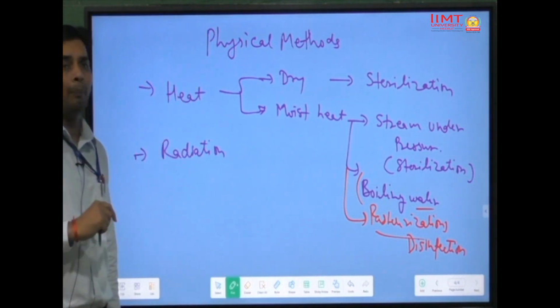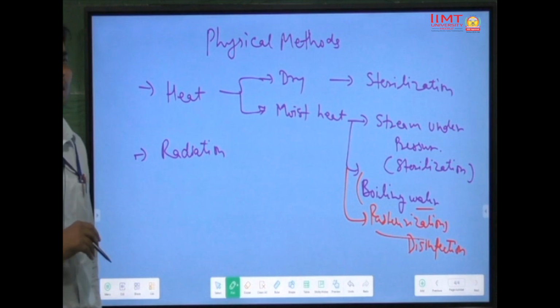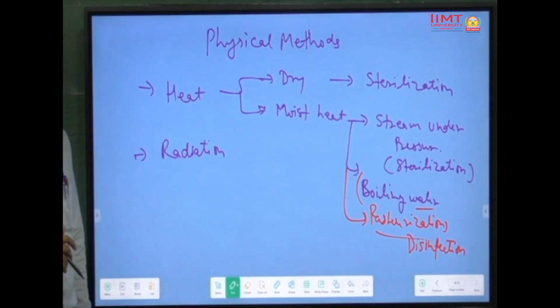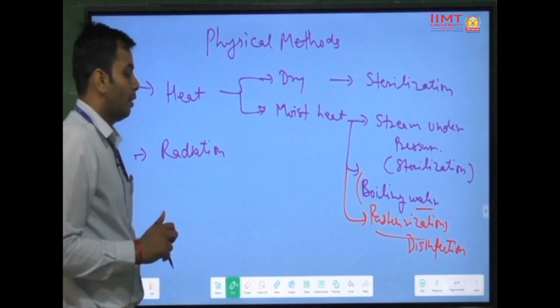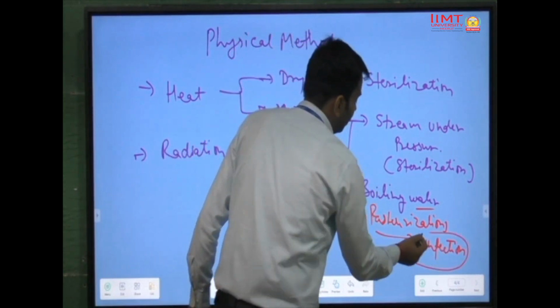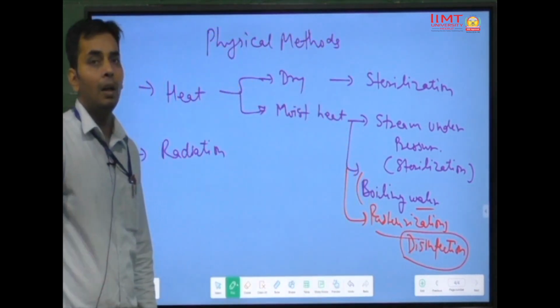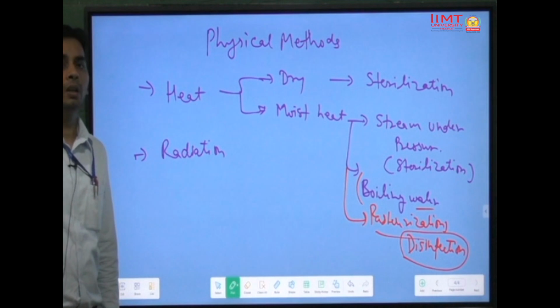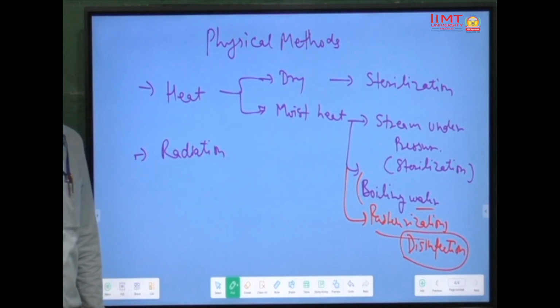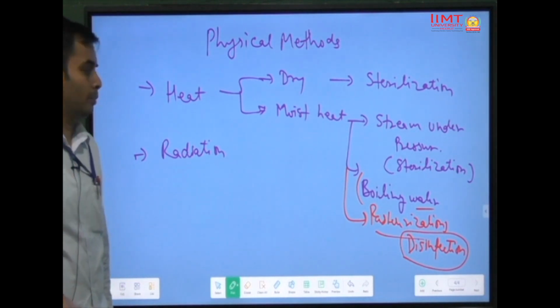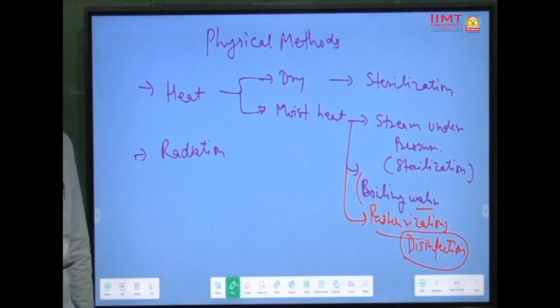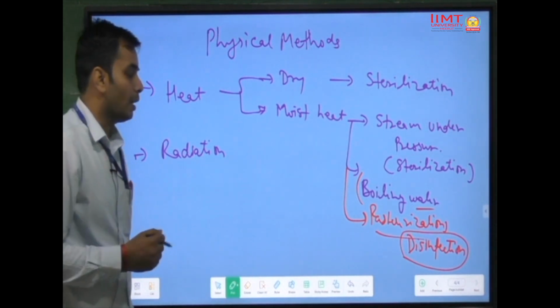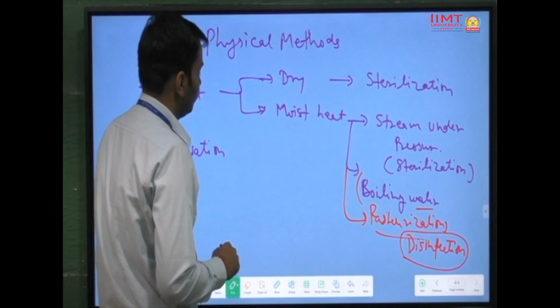Sterilization is the complete removal of all life forms of microbes including the spores, whereas disinfection is the term we apply when we remove the pathogenic microbes. So some types of microbes and even spores remain in the disinfection process.